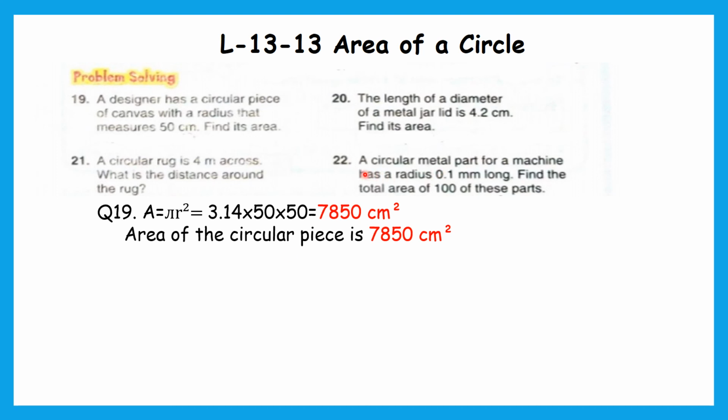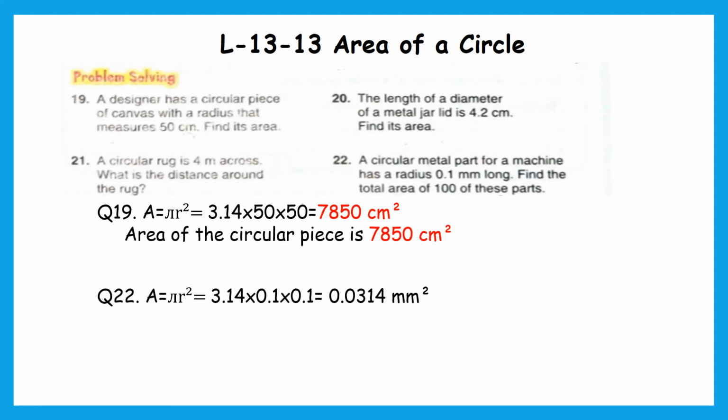Now question number 22. A circular metal part of a machine has a radius of 0.1 mm. Find the total area of 100 of these parts. That means first you find the area of one metal part, then you multiply it by 100, and then you get the answer.